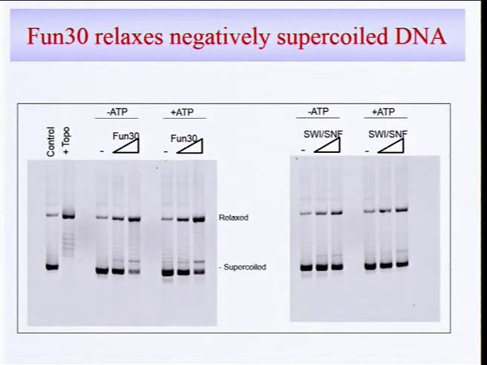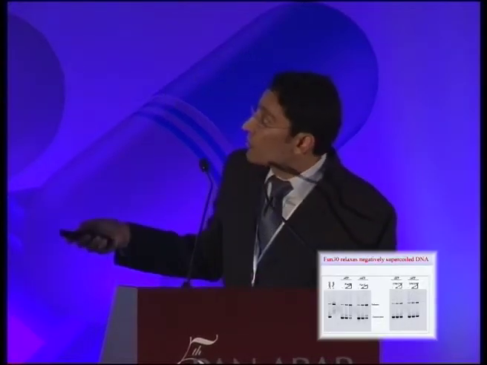If FUN30 has a role at the origins of replication, it could possibly have some activity such as topoisomerases, and therefore we tried to see whether FUN30 can relax DNA that is supercoiled. So here's the DNA that is negatively supercoiled, and this is our positive control.